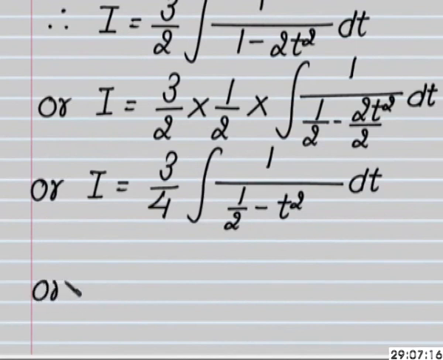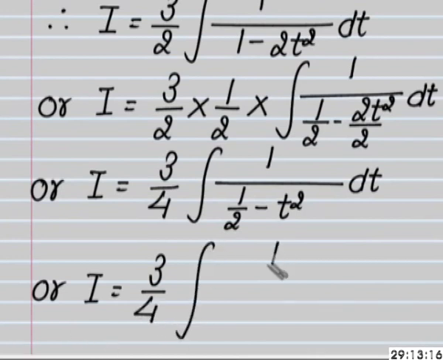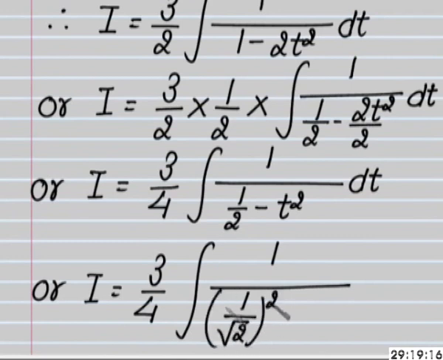Further we can write it as I is equal to 3 upon 4 into integral of 1 upon (square root 2) whole square minus t square with respect to t.